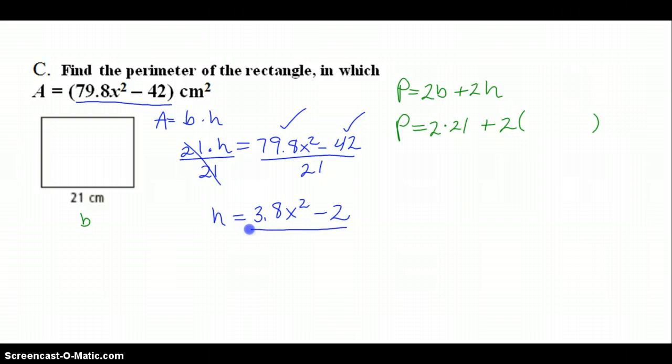So if that's my height, I'm going to take that and plug that into this perimeter. 3.8x squared minus 2. Now we can simplify and combine like terms to find the perimeter. When you do that, you should get that the perimeter is 7.6x squared plus 38. And that is, in the units of measure, centimeters.